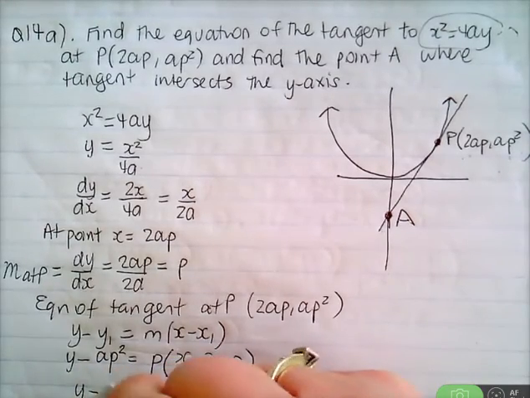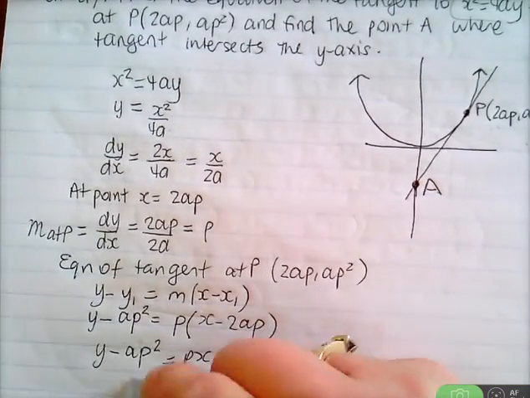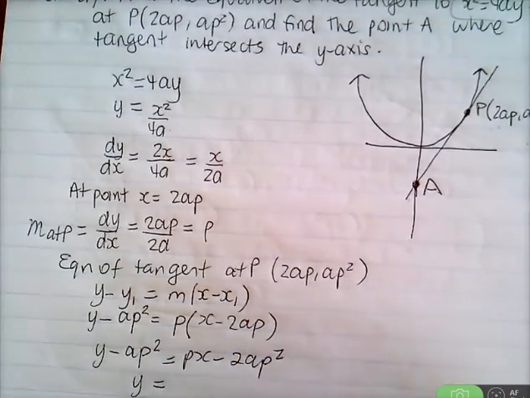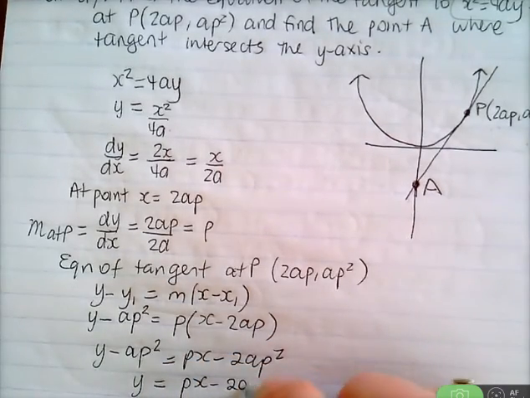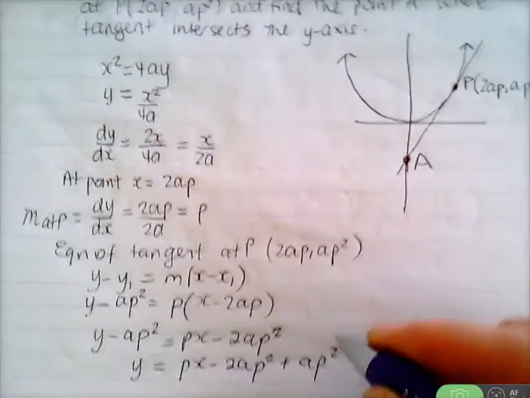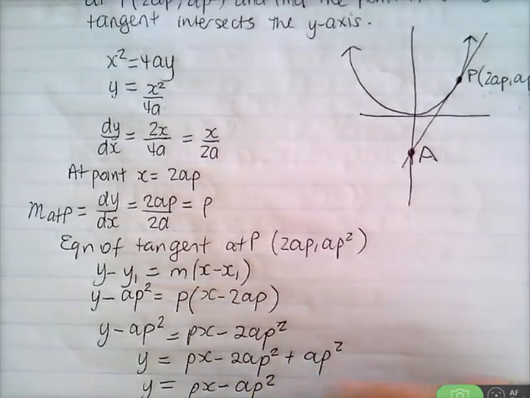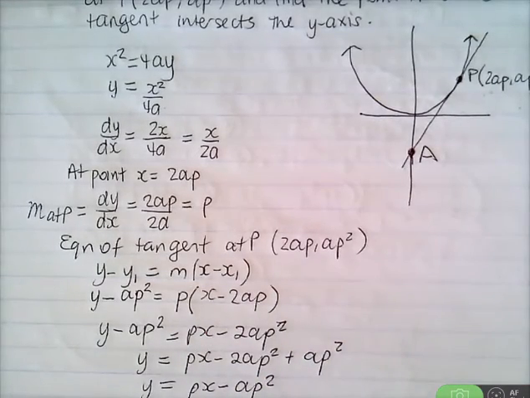Great, no fractions. Y minus ap squared is px minus 2ap squared. So let's just take that minus ap squared over to the other side. px minus 2ap squared plus ap squared, which is px minus ap squared, because minus 2 plus 1 is minus 1.